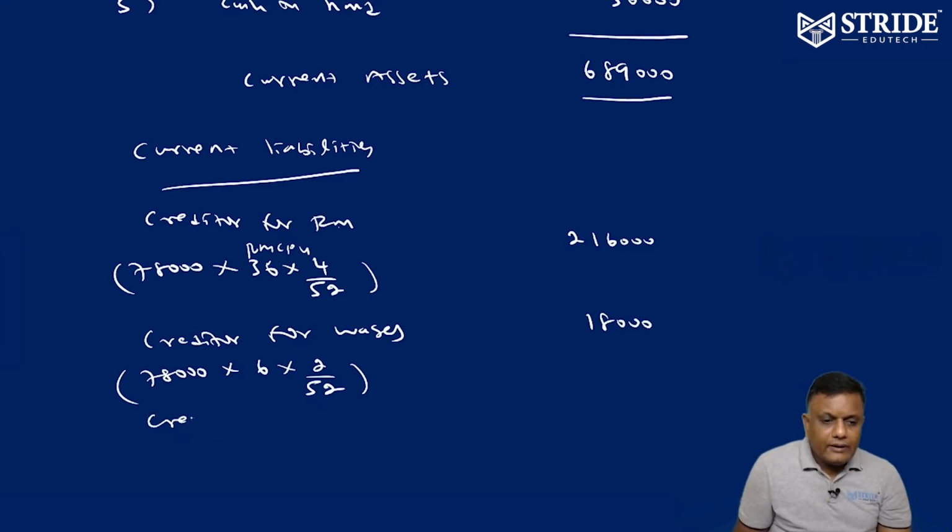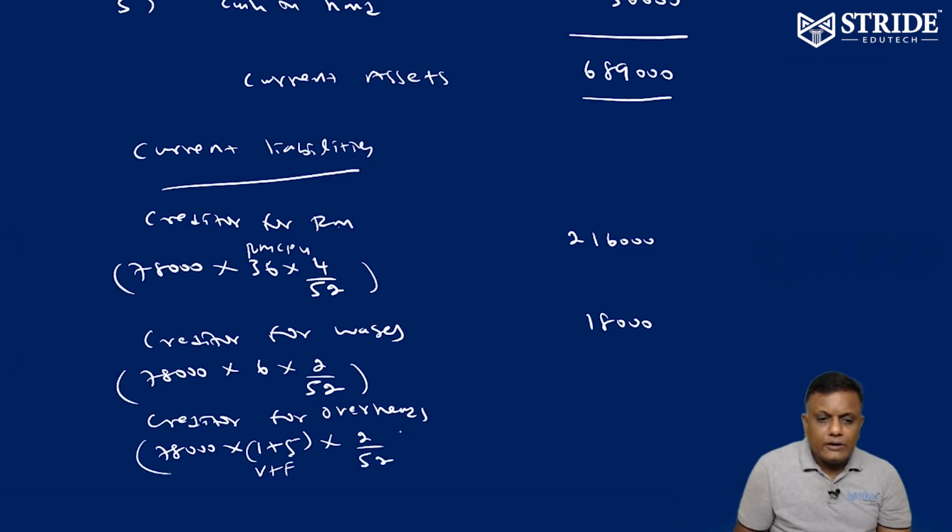Similarly, creditor for overheads. So 78,000 units into overheads 1 plus 5, 6 rupees. 1 stands for variable, 5 stands for fixed cost per unit. 1 plus 5, 6 rupees into 2 by 52.